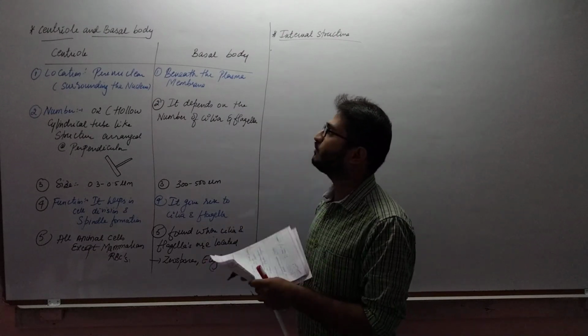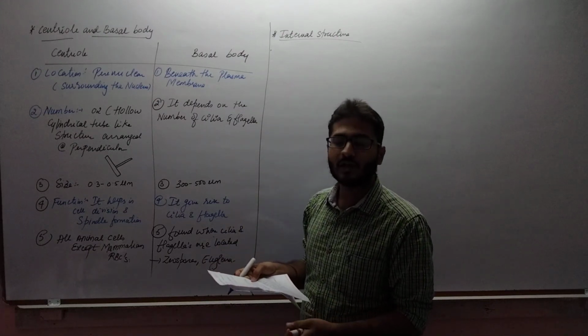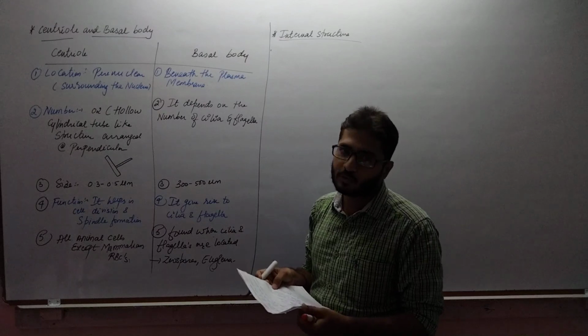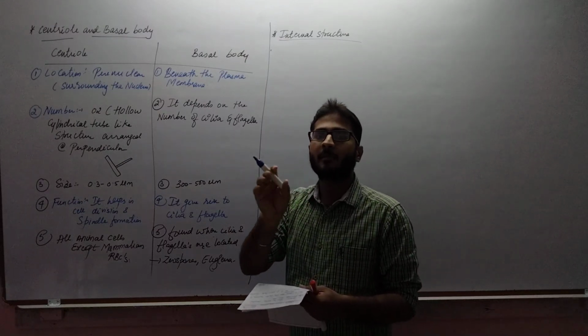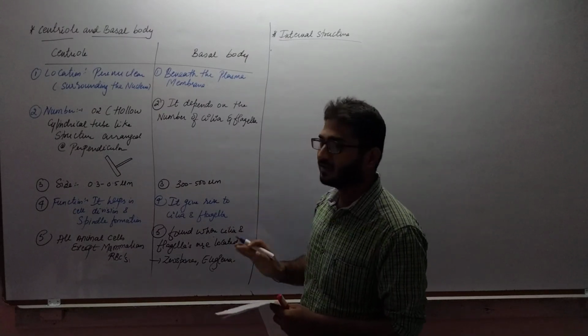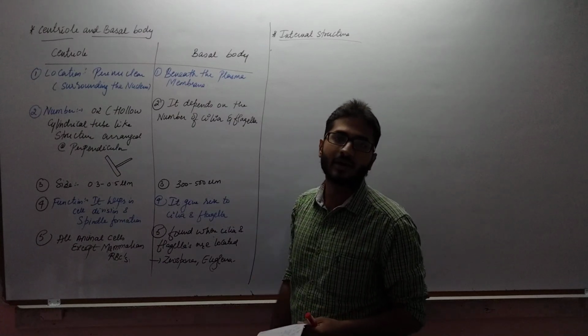But in case of centriole or basal body, there are total 9 peripheral microtubules. Central C1 and C2 are absent.